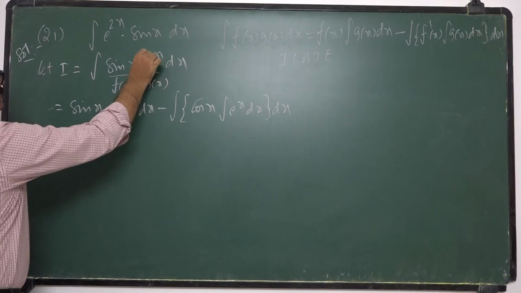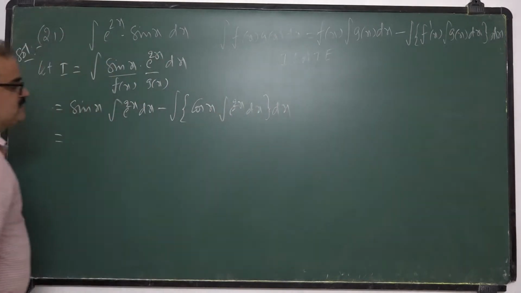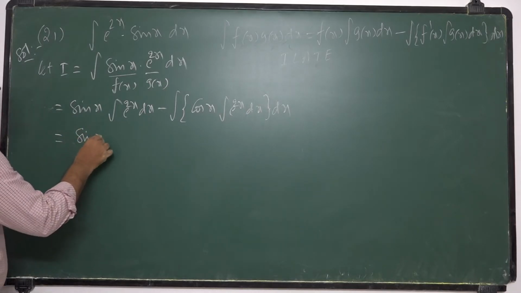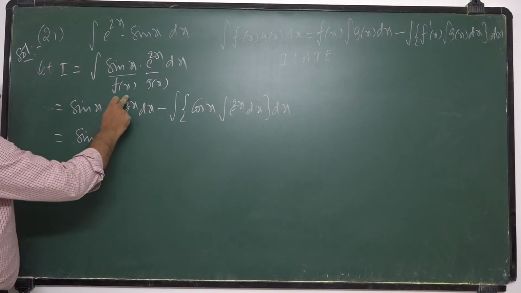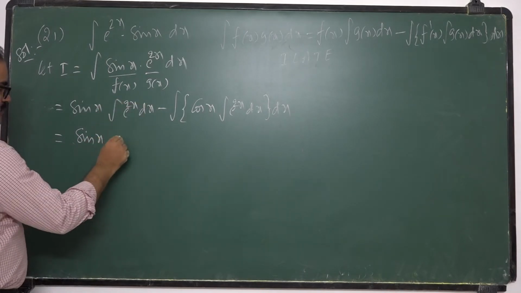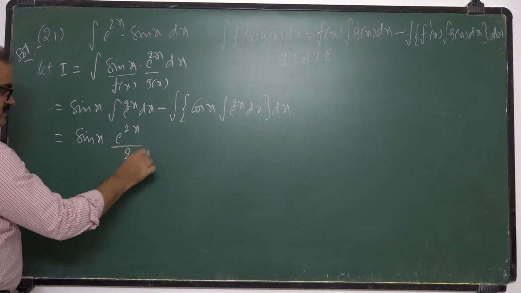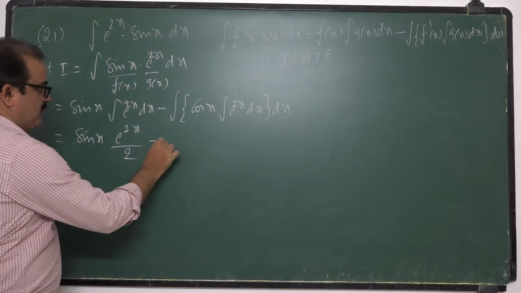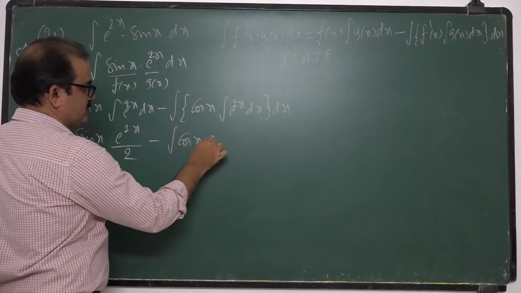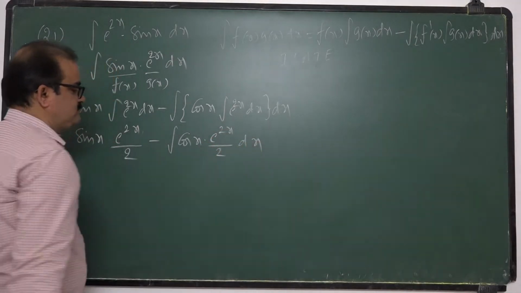Here it is e power 2x, not e power x. Sin x into integral e power 2x dx, that is e power 2x by the derivative of 2x, that is 2, minus integral cos x into e power 2x by 2 into dx.